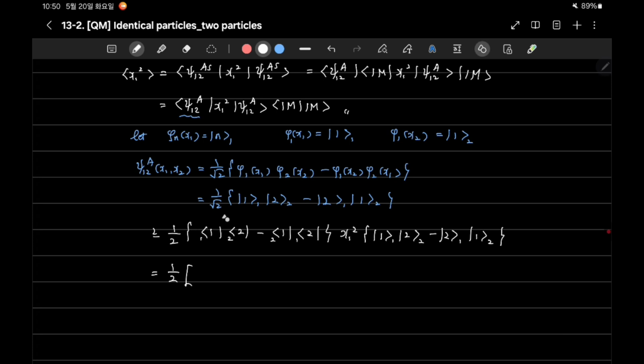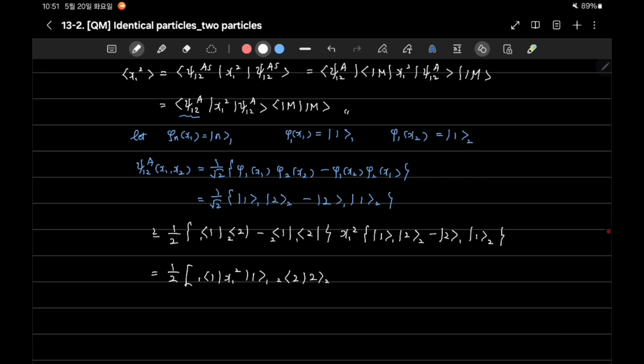When you apply x1 square to this one, then the first term is 1 1, x1 square applied to the state at x1, with 1 and 1, and the other is 2 2, so applying this with 1 1 2 2, x1 square is applied in the one state.